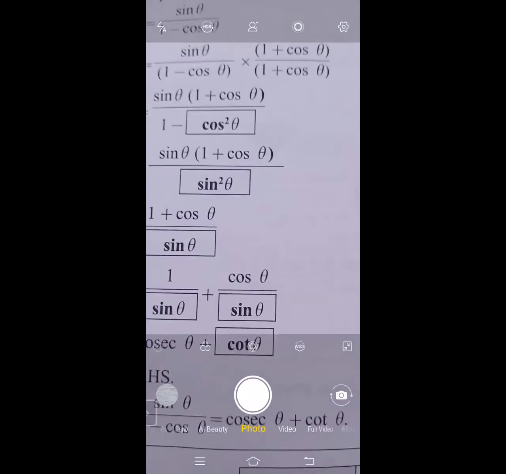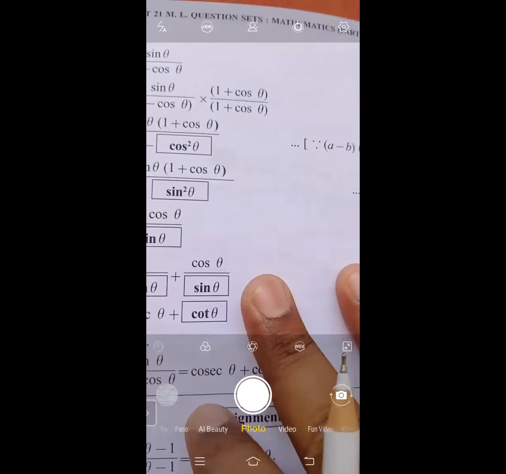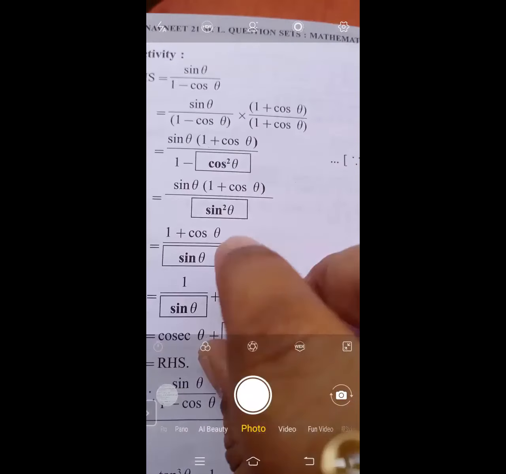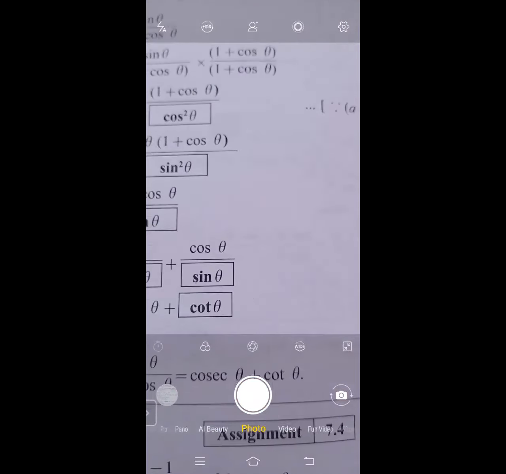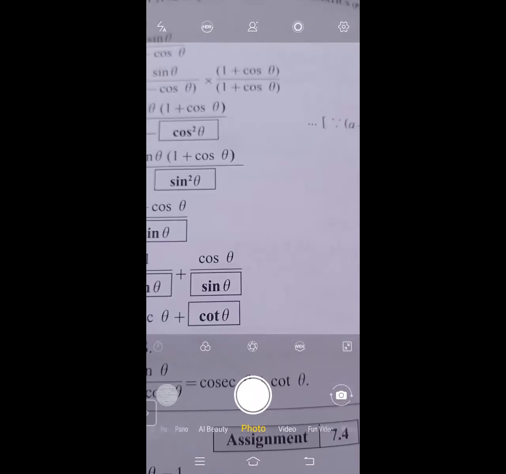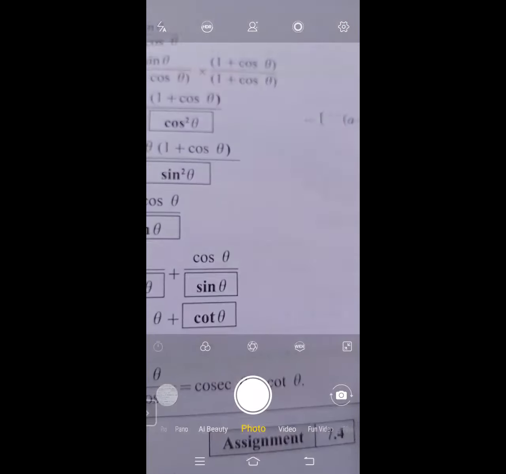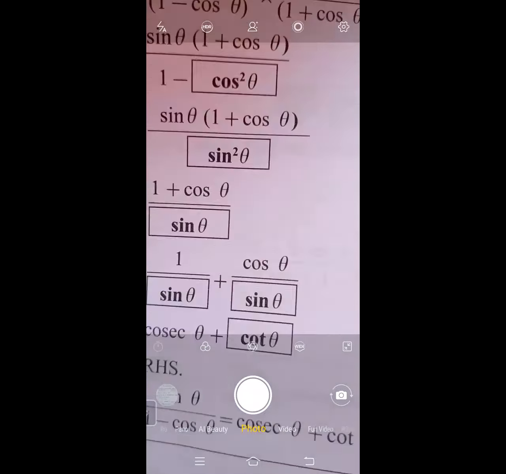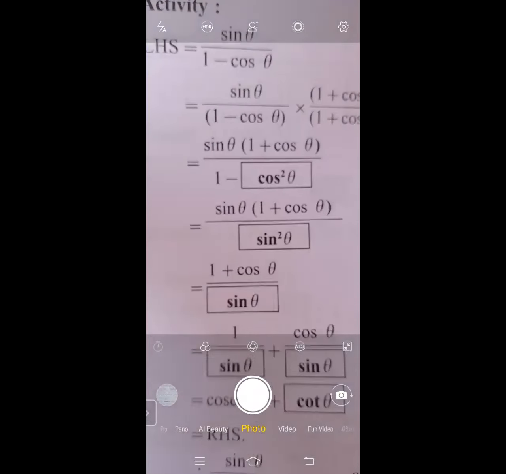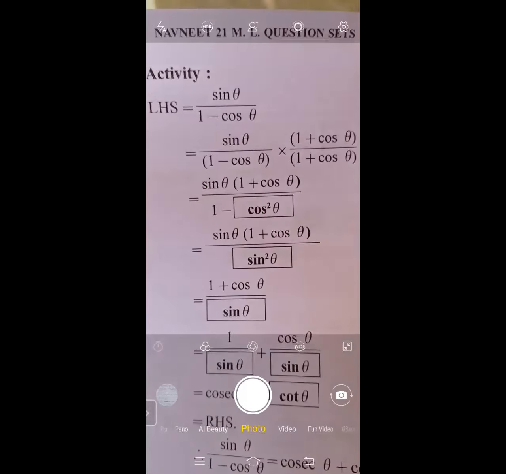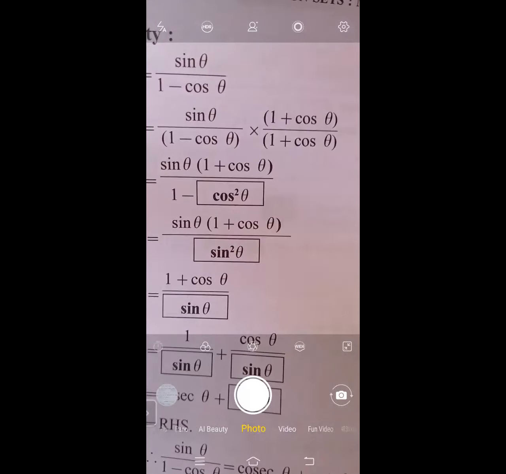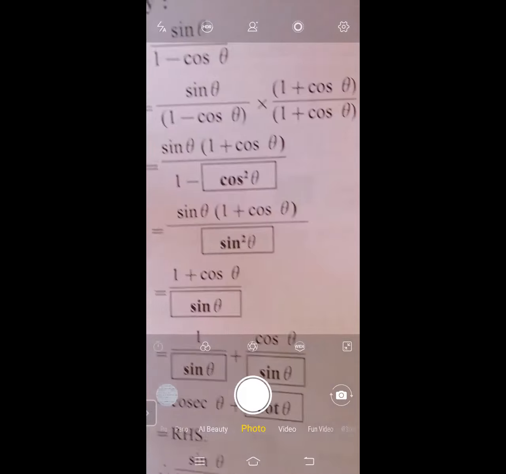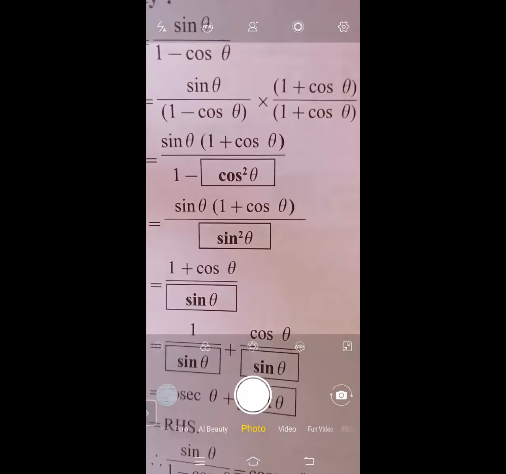Okay, you can see here they have solved it. They have just used this property a square minus b square for the denominator, which is 1 minus cos theta into 1 plus cos theta. So it became a square minus b square.